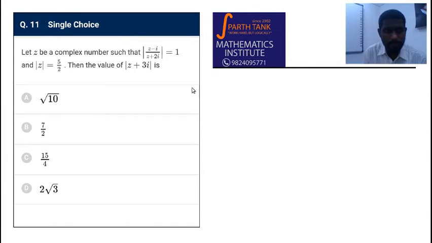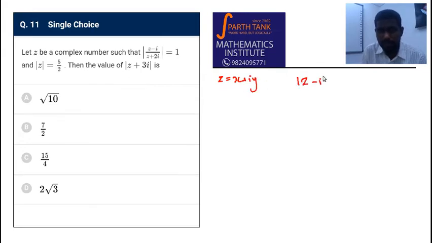Z be a complex number such that mod of (z minus i) by (z plus 2i) is 1 and z is 5 by 2, then the value of z plus 3i is how much? Okay, very interesting question. Okay, let's start. Z is equal to x plus iy, let us assume, and substitute inside.